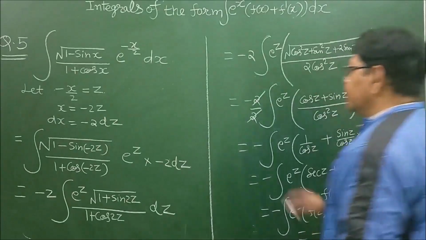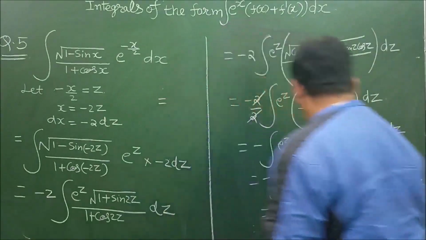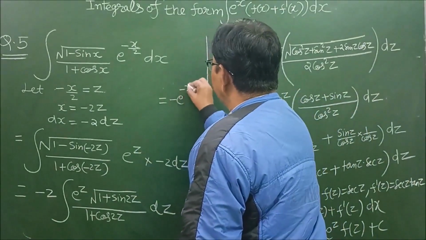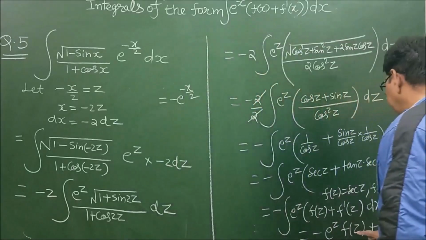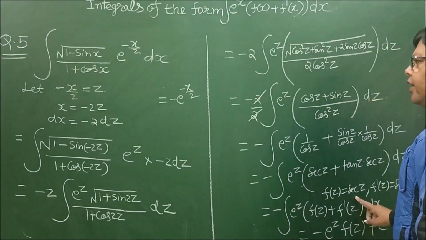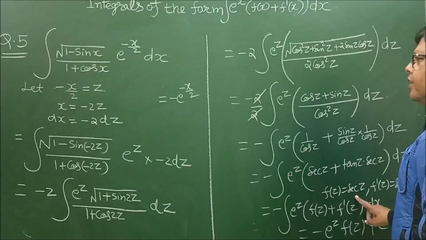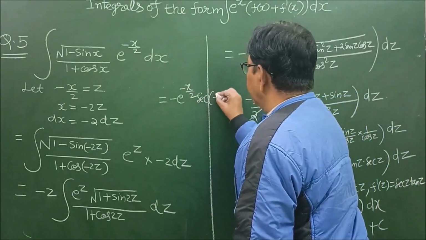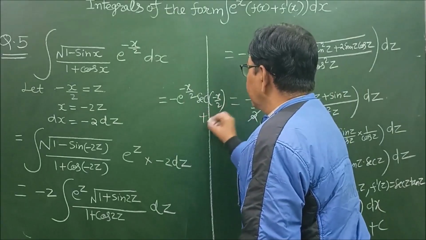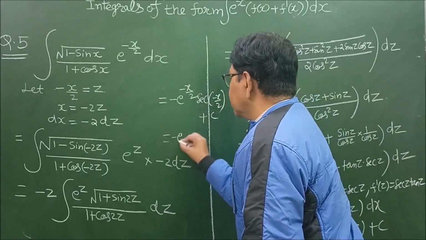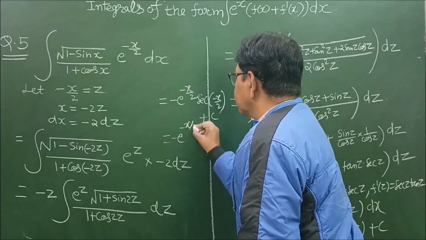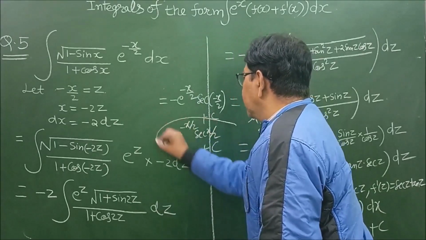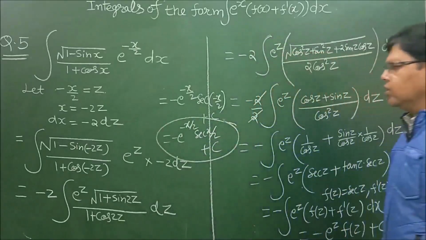So the final answer of this question is equal to minus e raised to the power minus x by 2, and f(z) is sec z, and the value of sec z is sec of minus x by 2, plus c, or this is equal to minus e raised to the power minus x by 2 sec x by 2 plus c. So this is the final answer of the question.